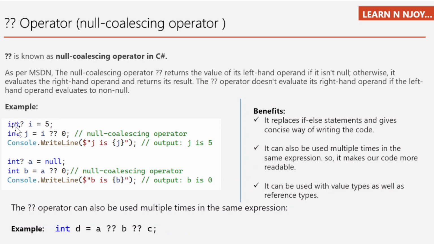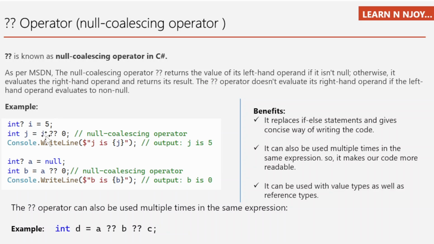If you see the example over here, int question mark i is equal to 5. Here, i, a nullable int variable, has the value of 5, right? And when we write int j is equal to i double question mark 0, what it means is, it will verify whether i has a null value or not.